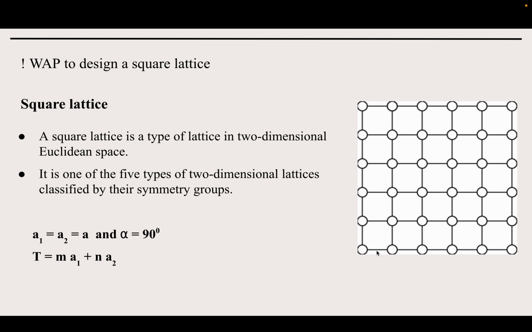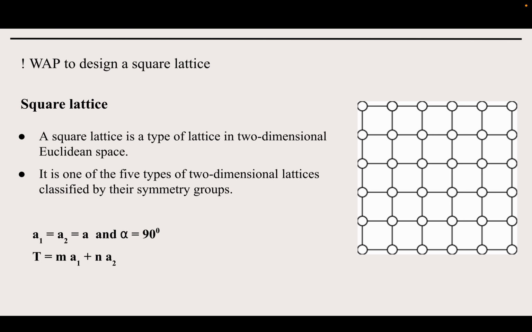Both vectors, a1 and a2, will be equal to a, and the angle between those two vectors will be 90 degrees, so that it can maintain its square lattice nature. And if these two vectors are different, that means a1 is not equal to a2, but the angle alpha is equal to 90, then we can say that this is a rectangular kind of lattice, which is also a kind of Bravais lattice in two-dimensional space.